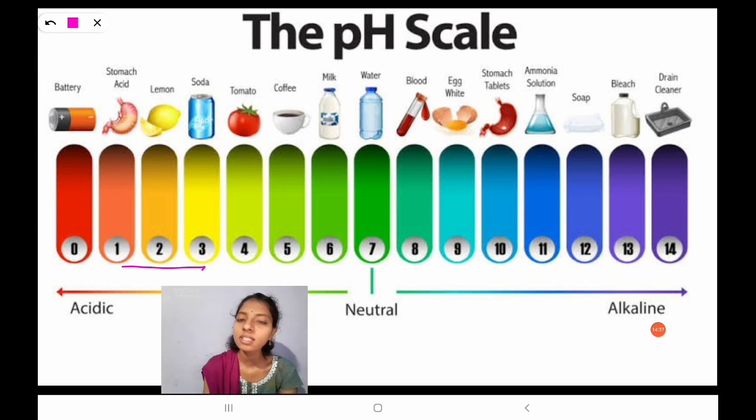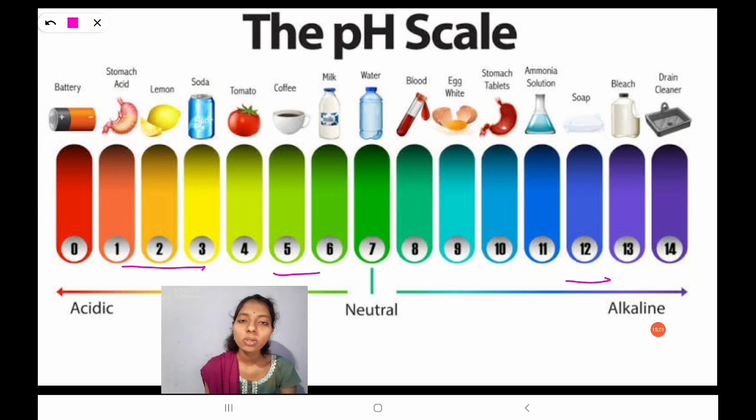That means it is acidic. And you can see here the coffee. The number for coffee is 5, which means it is also acidic in nature. And you can observe the soap. Soap is 12, so that is alkaline or basic.